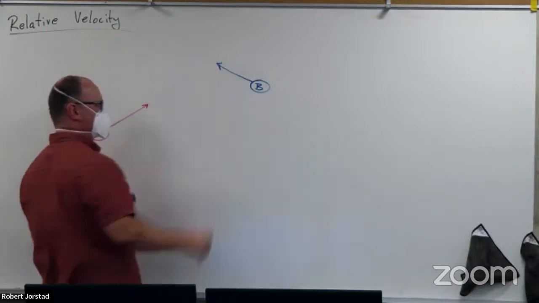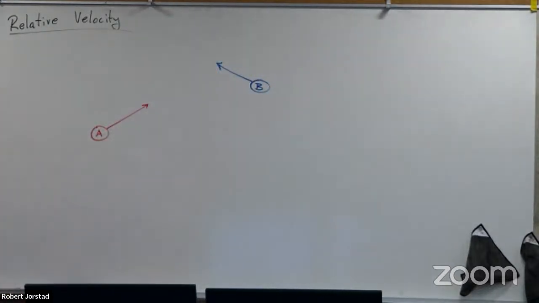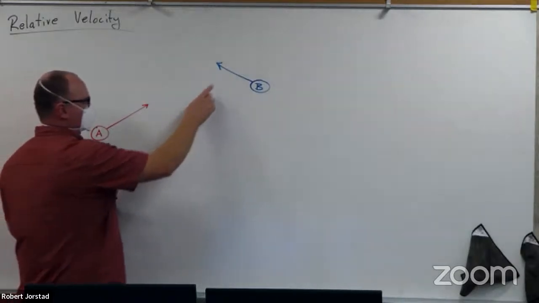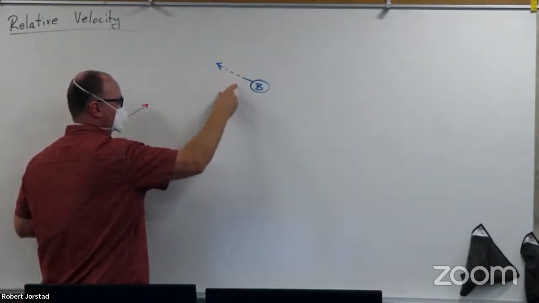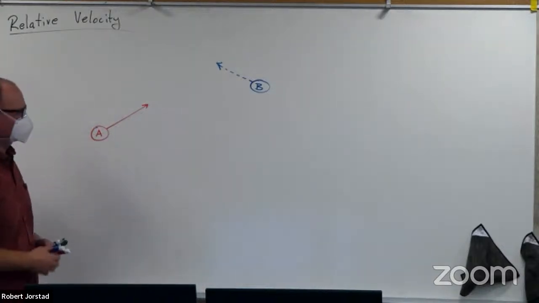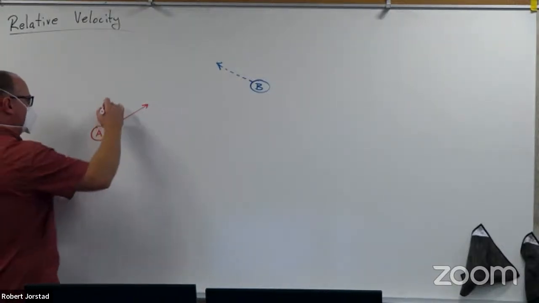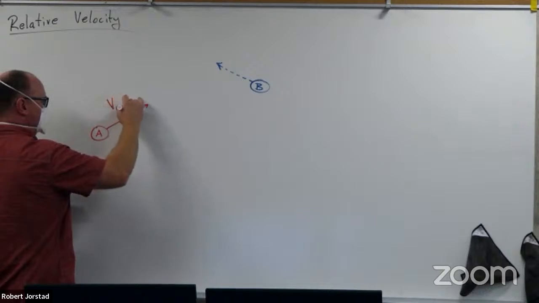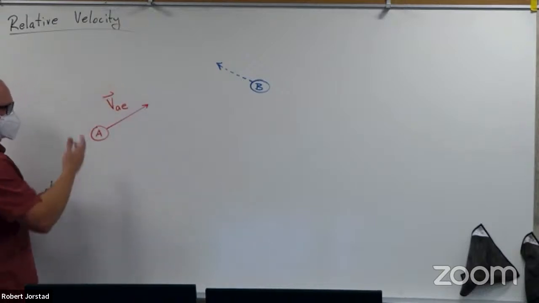Doesn't matter which one's which side. And then to make this mesh, I think I drew this dotted line in your book. We're going to call this VAE, capital, lowercase, I don't care.